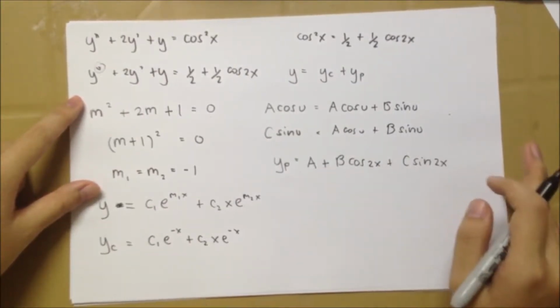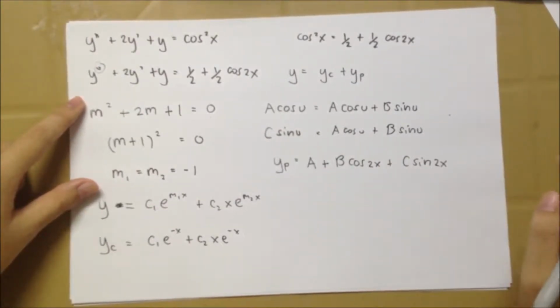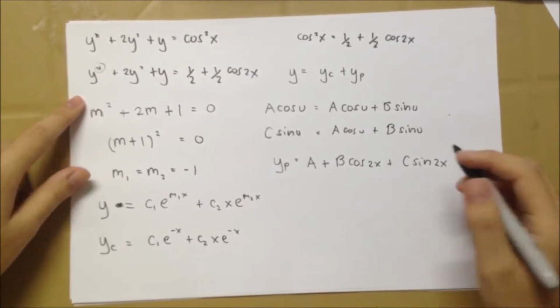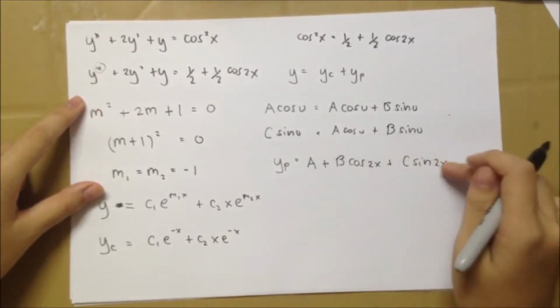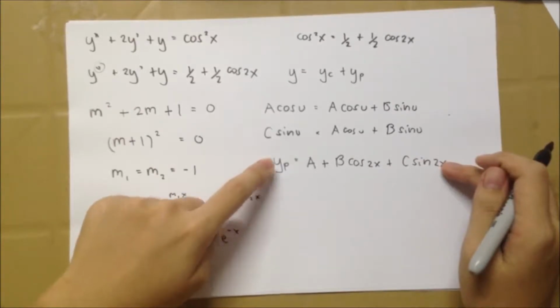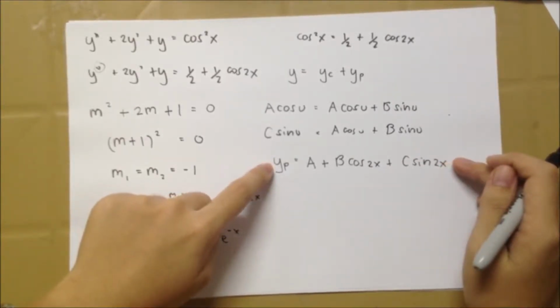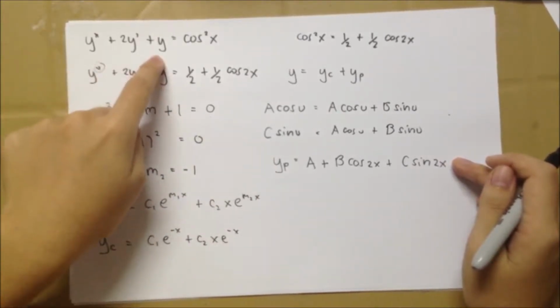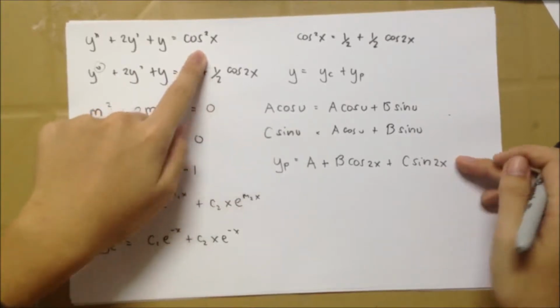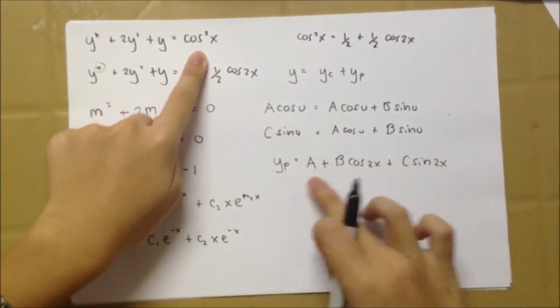They have different values. We have more than 20 letters in the alphabet, so just make full use of them. The next thing we're going to do is get the first and the second derivative of our particular solution, and after that substitute them here and equate it to cosine squared of x, so that we can find the values for a, b, and c.